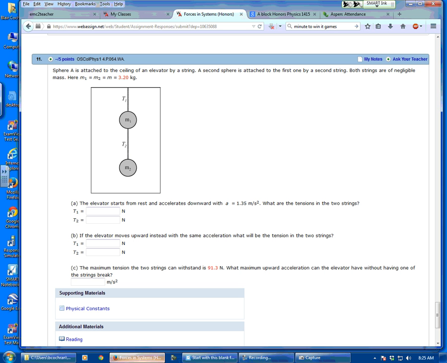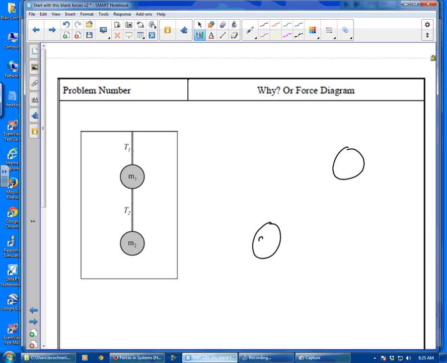And let's see, my inertias are equal. Yay! 3.2 kilograms. That means this is 6.4 kilograms. And I would have, let's see, the weight total down here.